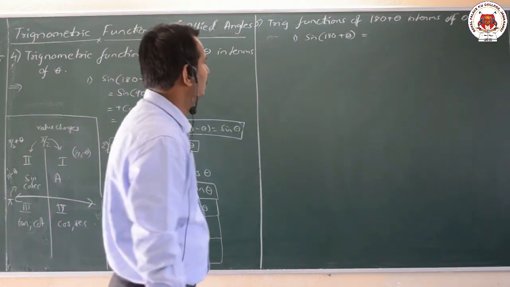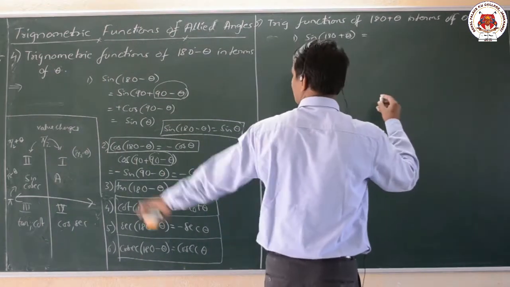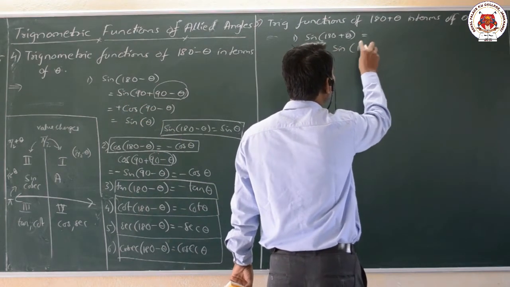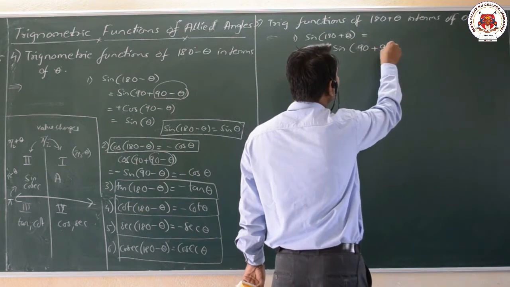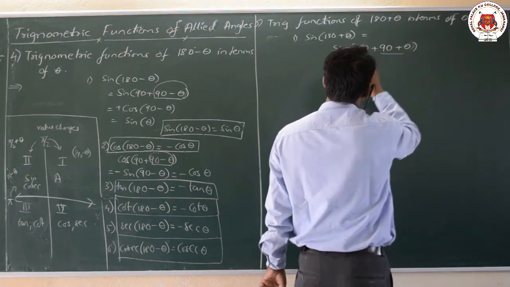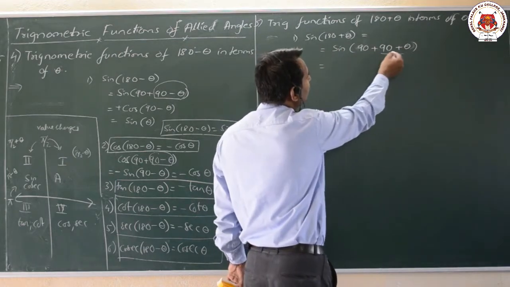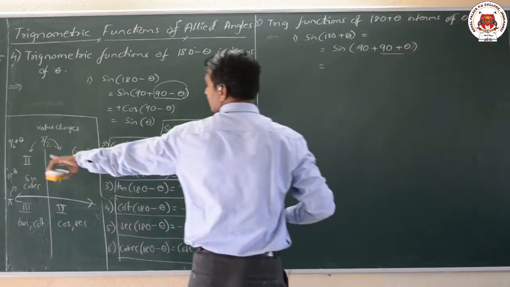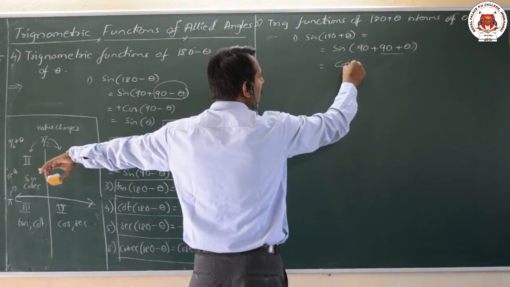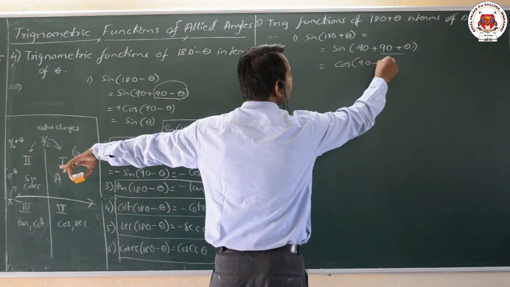Now, sine of 180 plus theta. I can write 180 as 90 plus 90, plus theta. Now sine of 90 plus theta comes in the second quadrant, so sine changes to cos, and the remaining part is 90 plus theta.